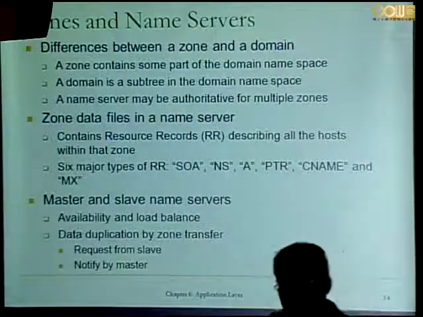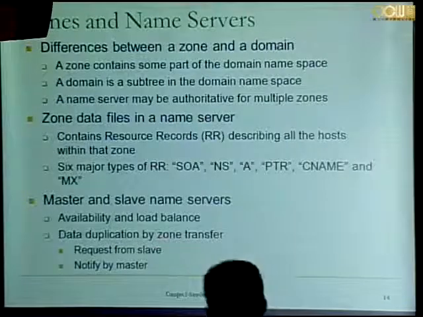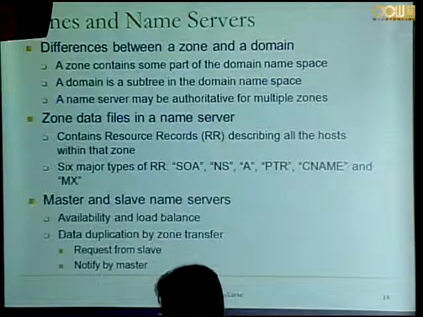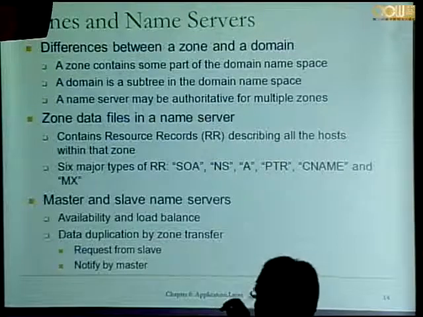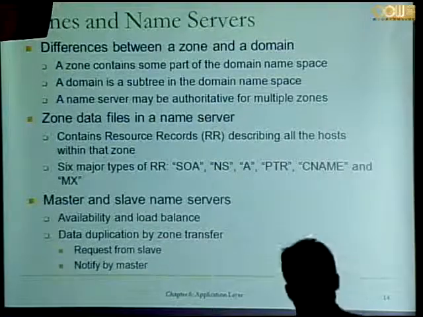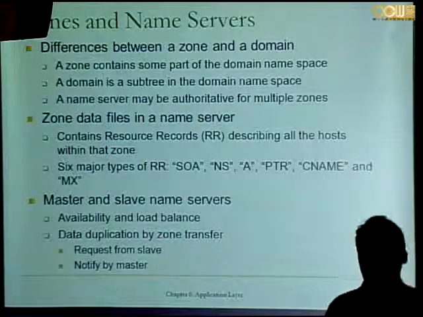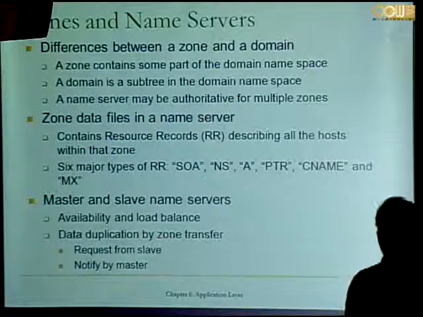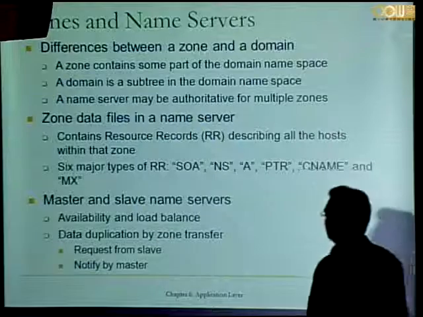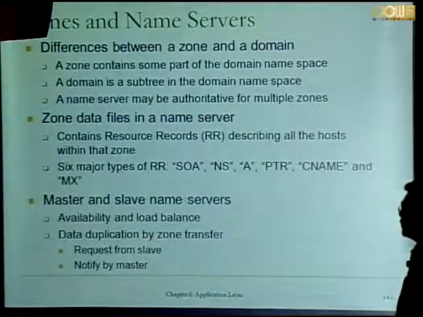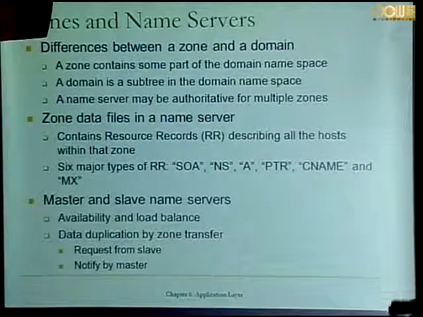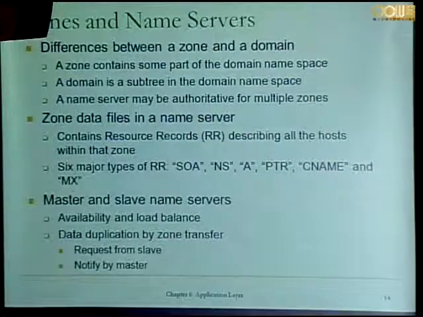Each file describes a zone, and within the file there will be resource records. There are 6 major types of resource records. These are the types of resource records and what they stand for.